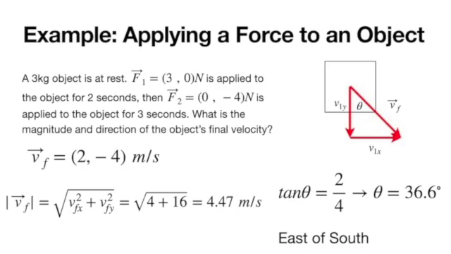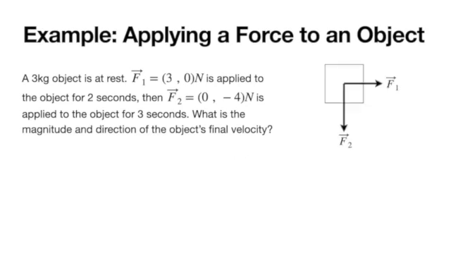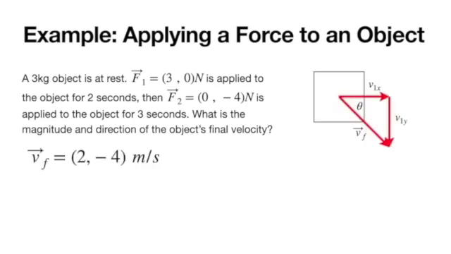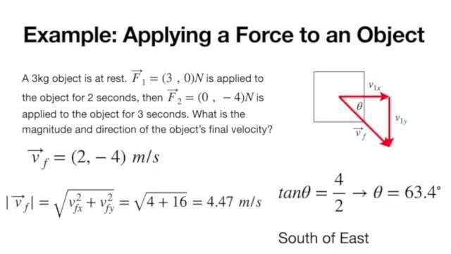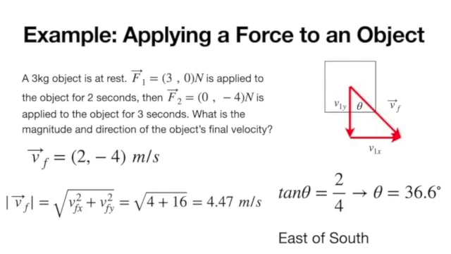Because adding together, then we're just finding the angle between the negative y-axis and the positive x-axis. So those should be 90. And both of these answers are equally right: 36.6 degrees east of south, or 63.4 degrees south of east. They both mean the same thing.